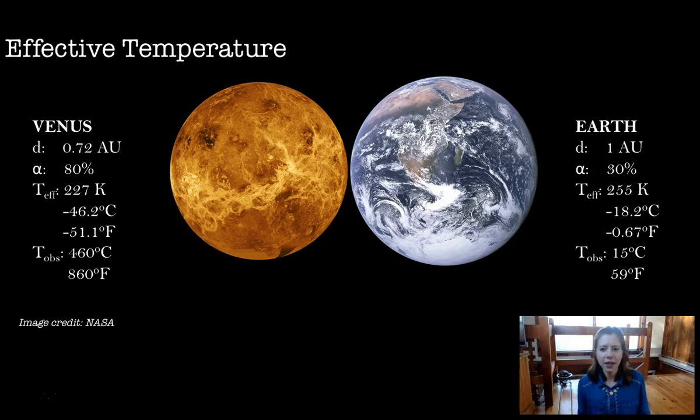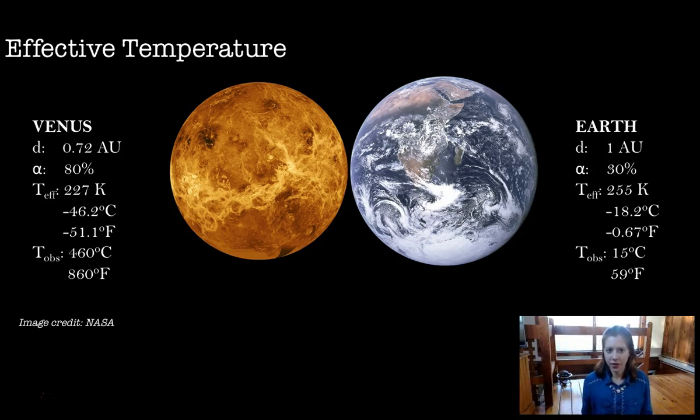But the thing is, when we go and we look at the temperature of Venus, what the temperature of Venus would be if it didn't have an atmosphere, it's actually kind of low. So let's discuss this a little bit. So Venus is, like we said before, 0.72 astronomical units from the sun.